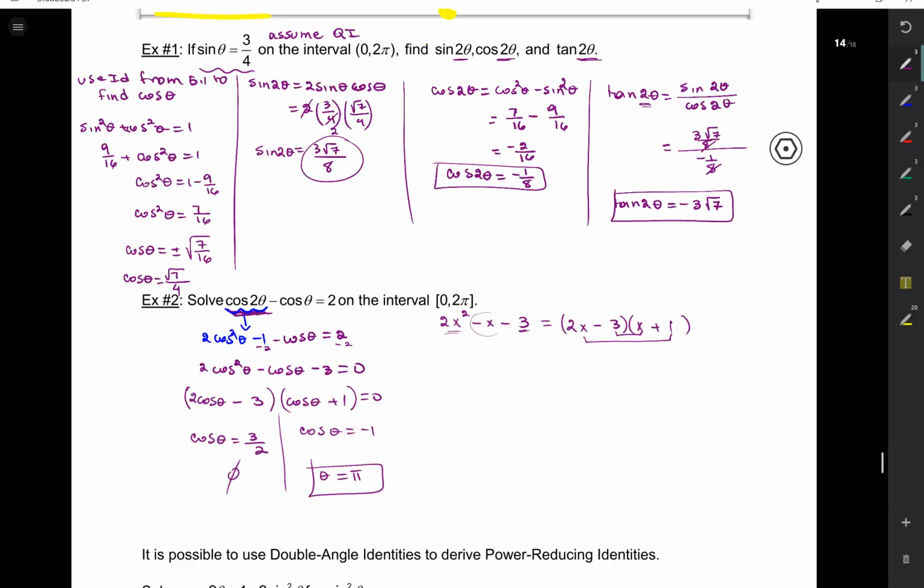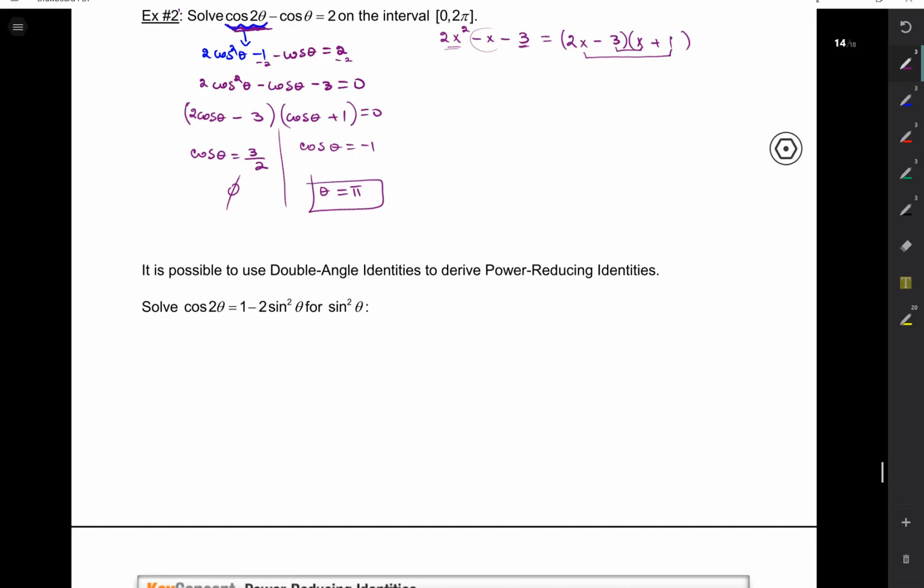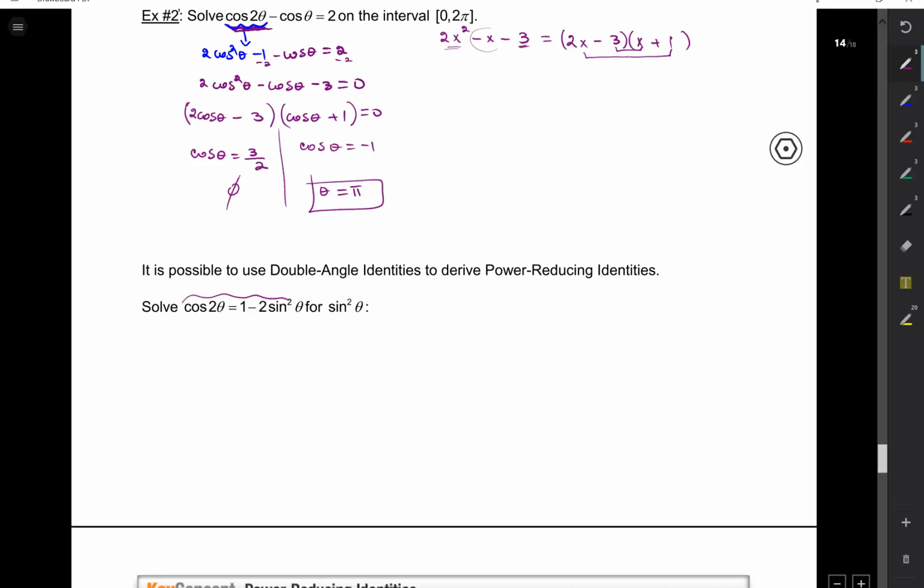Now, just like we've seen before, we can get one identity, transform it, and get another identity. Like the Pythagorean identities, we can transform them and get the other two friends. Same thing with this. This is one of our identities, one of the identities for cosine. Well, guess what? We can solve this. Can we solve this and get sine squared theta? So let's subtract 1.